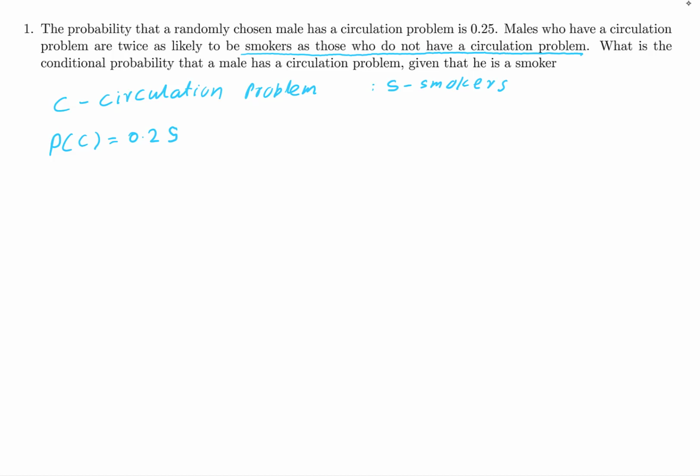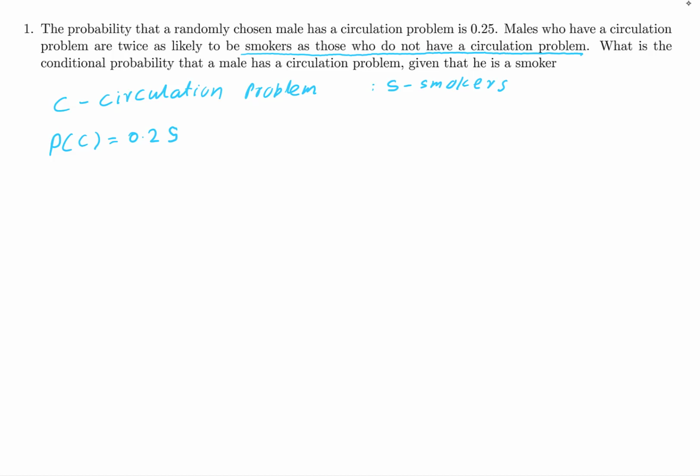So what is the meaning of that? We already know these smokers are coming from the group who do not have a circulation problem. Understand? Then it is a conditional probability.